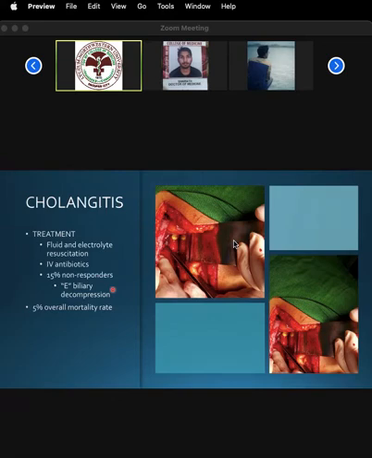Or we may also do ERC plus cannulation and then drainage of the bile. However, for some patients who do not respond, we may do emergency surgery, common duct exploration, extraction of stone plus T-tube drainage. Cholangitis carries with it a 5% overall mortality rate.